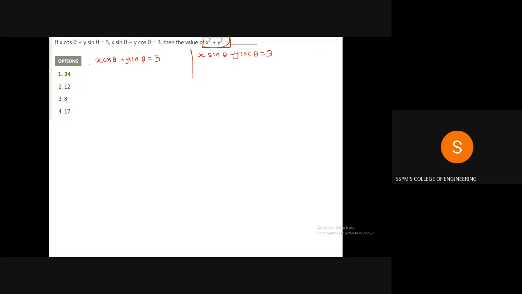Okay, so we are not given any square terms, so we will square this first. On squaring, what will we get? We have to use (a plus b) whole square here.